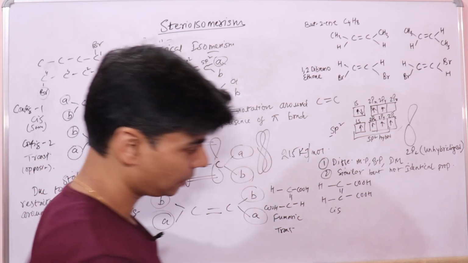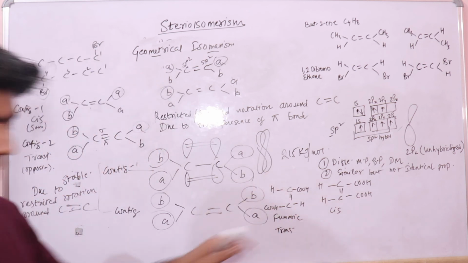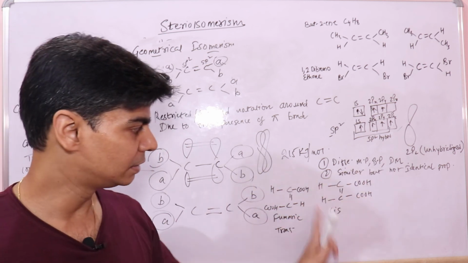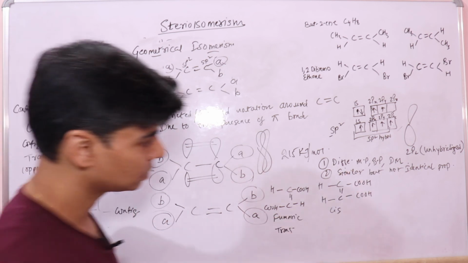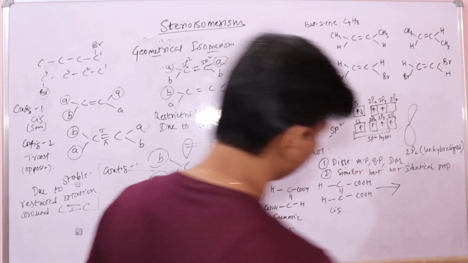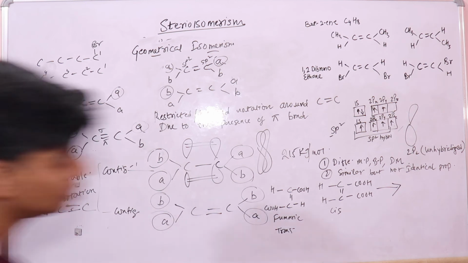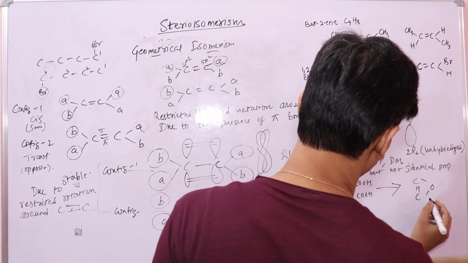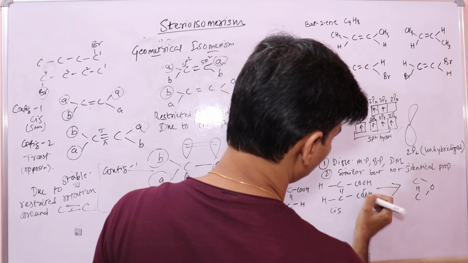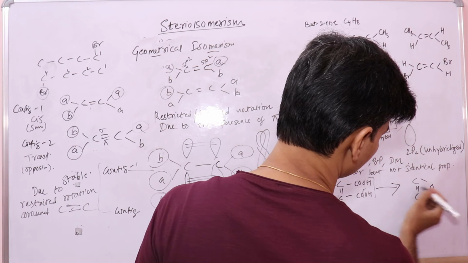If you heat the trans form, you will not get fumaric anhydride, but if you heat the cis form, a water molecule will get removed and it will change into maleic anhydride.